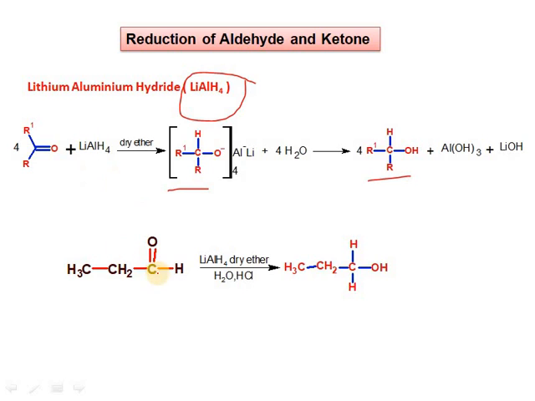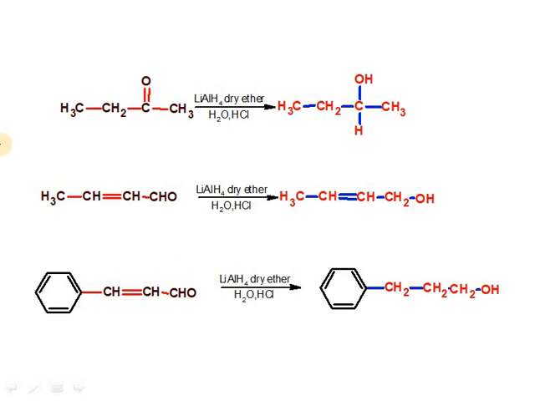Similarly, we see here this aldehyde will be reduced to the corresponding alcohol, as lithium aluminum hydride is a strong reducing agent. Two hydrogens will be added, one hydrogen here and a second hydrogen here, so CH2OH is the product: CH3CH2CH2OH. Next molecule here, CH3CH2, is a ketone.